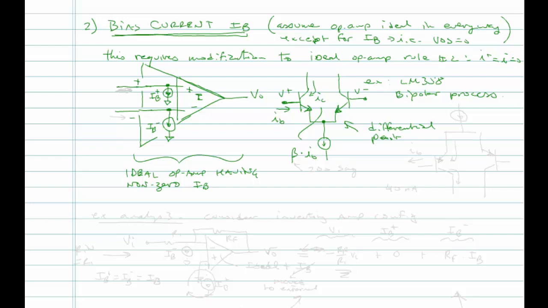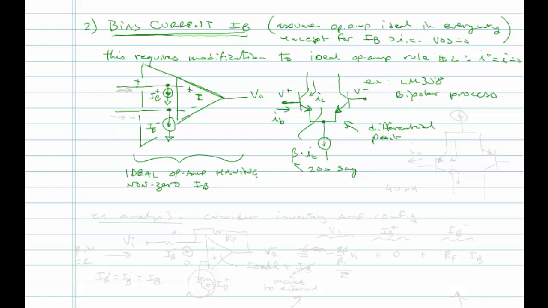For a finite beta, say 200, if you're trying to control, say, 100 microamps through your collector, it's going to take half a microamp coming into your base.